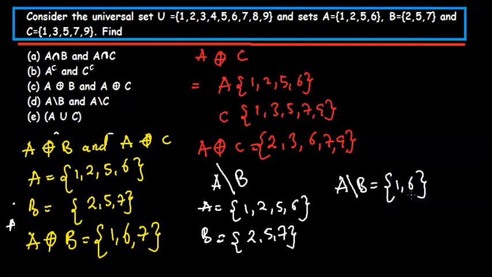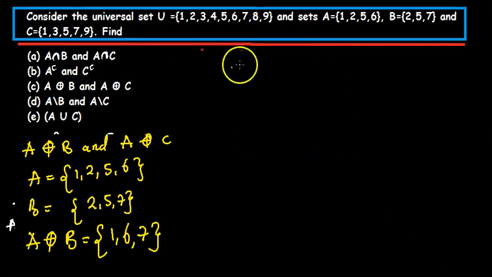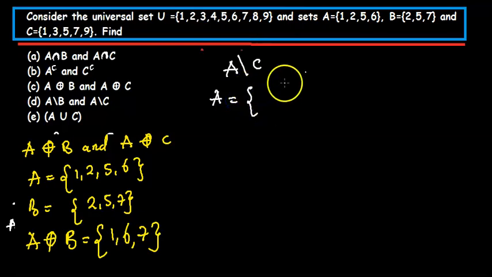The next one is what? A with the difference of C, because we are done with that one. Here we have to find A with difference of C. Let's bring our data back. A is 1, 2, 5, and 6. I'm just copying this from here.